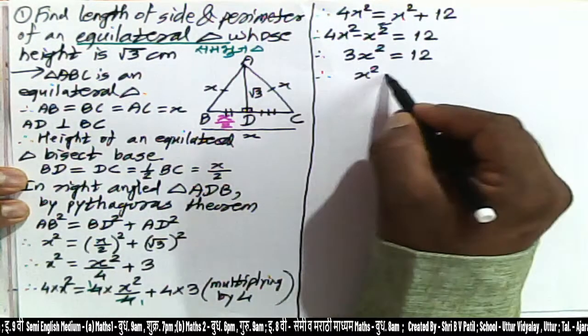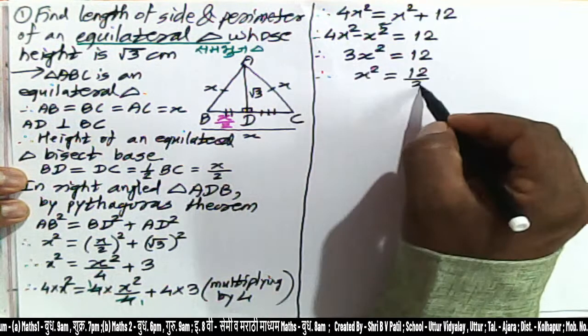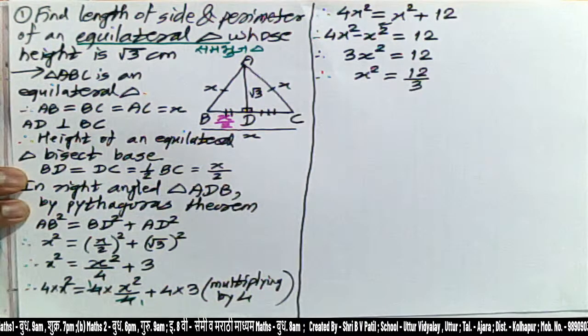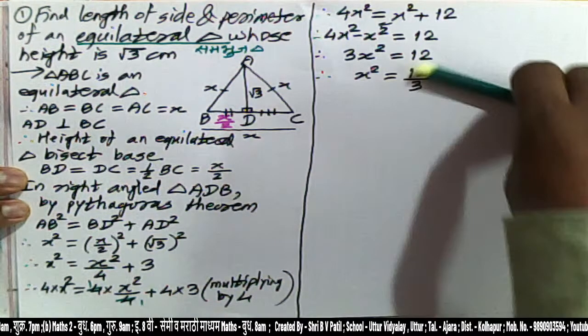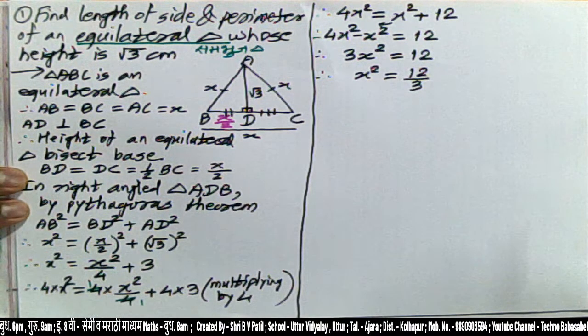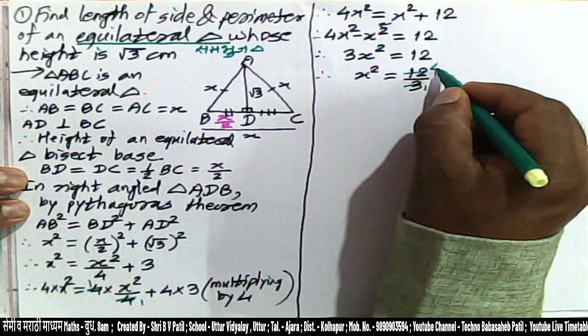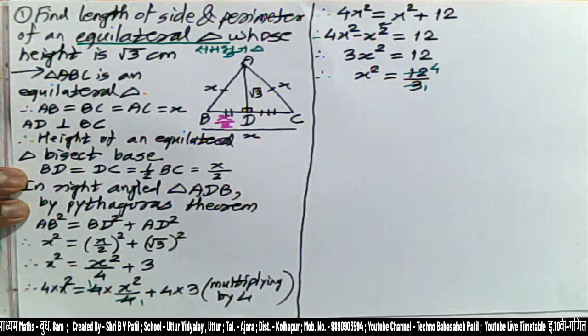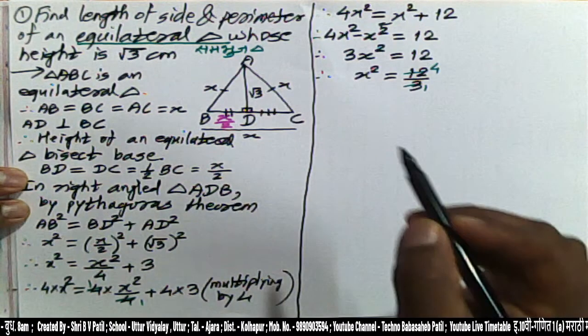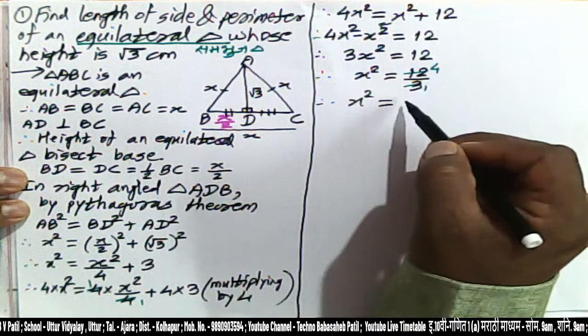Therefore x square is equal to 12 divided by 3. 3 1s are 3, 3 4s are 12. Therefore, x square is equal to 4.